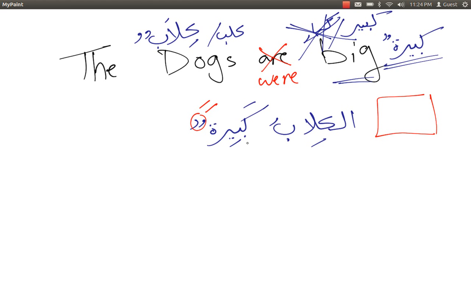Well, the hint is we used kabiratan, because again, the word dogs is the plural, and it's not human, so we have to use kabiratan. We're talking kanat. So kanatil kilabu kabiratan. The dogs were big.